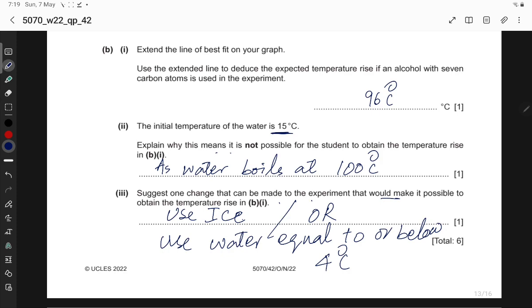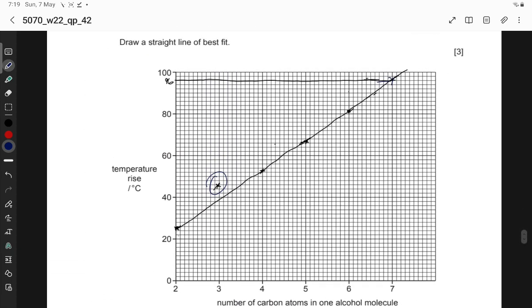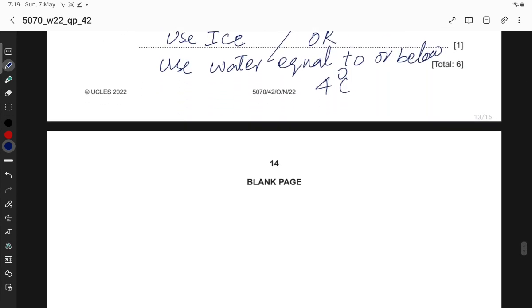Use ice, or use water at or below 4 degrees centigrade. This is the end of the question.